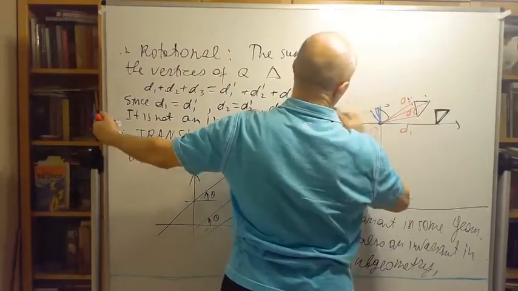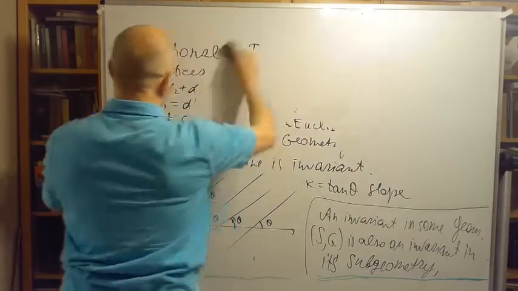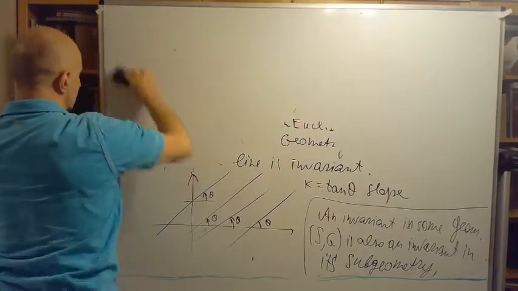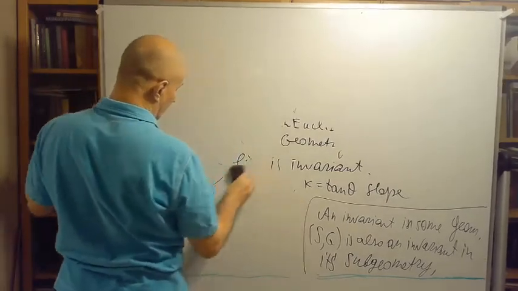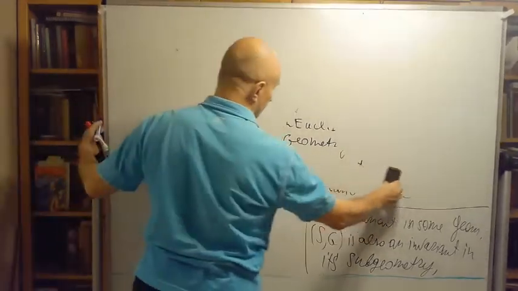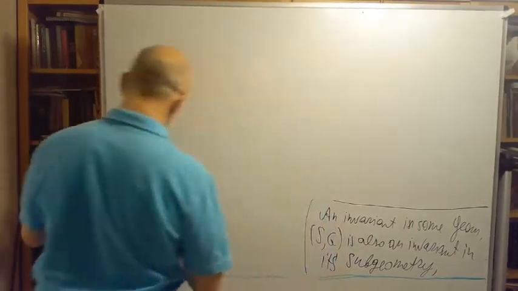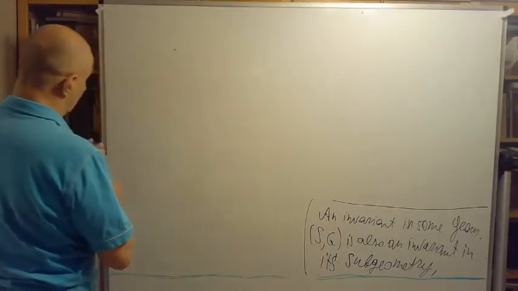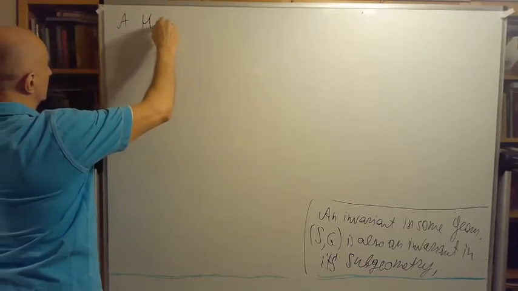Let's see more invariants. All these invariants are based on the group of isometries so far in Euclidean geometry. What about a group involving similarities, for instance a homothetic group? A homothetic geometry.